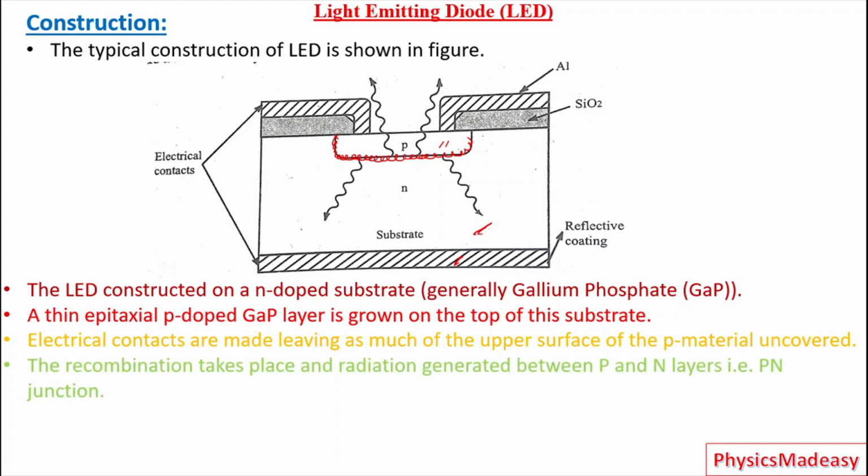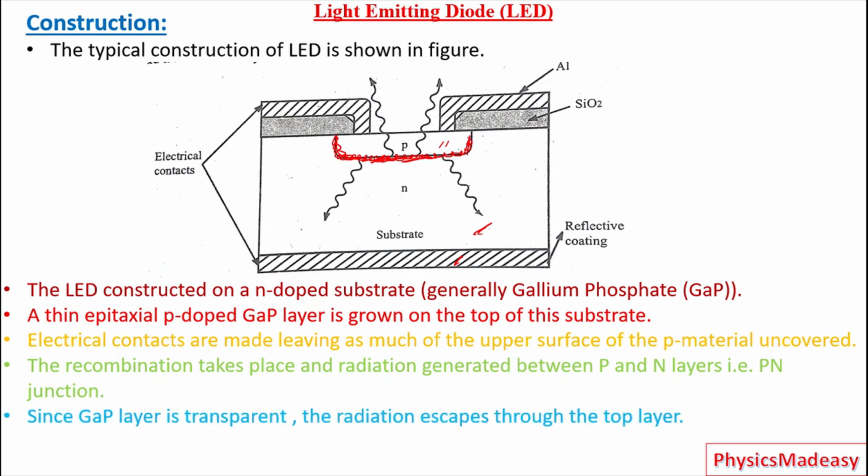The recombination and radiation take place between the p and n layers, that is the p-n junction, which I marked in red in this diagram. Since the GaP layer is transparent, the radiation escapes from the top layer as shown here.